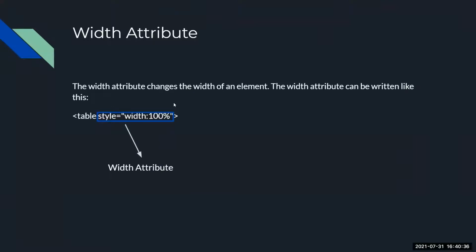That just means that your table would take up 100% of your screen. If you wanted to take up half of your screen, you'll write 50%. If you wanted to take like three-quarters of your screen, you write 75%, one-quarter, 25%. Just however much you want the table to take up, write that percentage down. So you can see that is the width attribute.